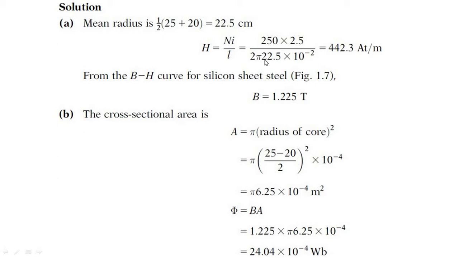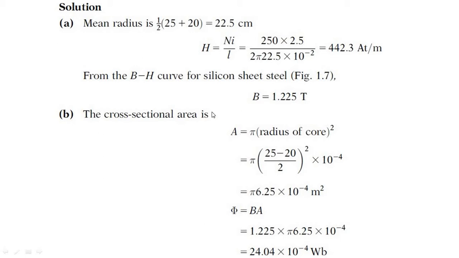L is 2 pi into 22.5 into 10 to the power of minus 2, that means the circumference 2 pi r, where r is the radius. The resultant value is 442.3 ampere turns per meter.